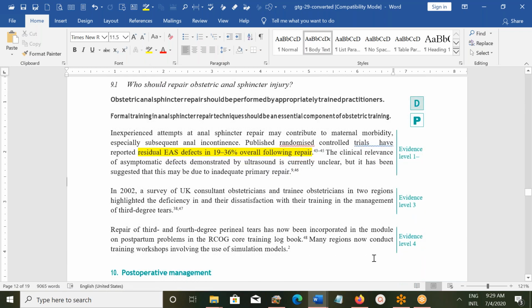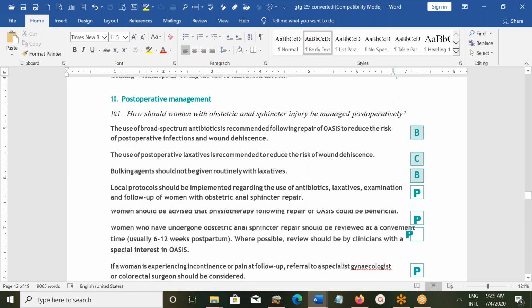And one article said that if the woman was symptomatic and no tear was diagnosed at the time of delivery, they carried out an MRI study on them. Then almost 80% of the women had some degree of injury to the anal sphincter which was not identified at the time of birth. So you have to be careful, okay?